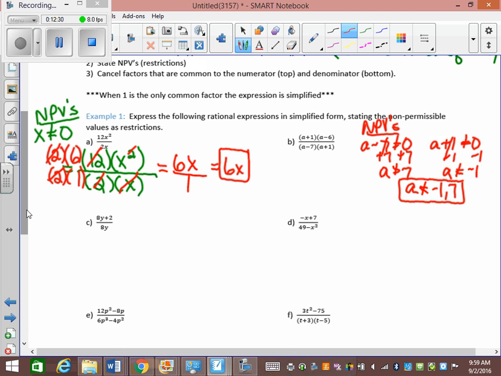Now when I have my NPVs actually stated, then I can cancel anything that matches exactly the same on the top as on the bottom, right? So I have an A plus 1 and an A plus 1. Now this is where people go crazy. They just really want a super nice answer like 2 or something. So they start canceling off stuff that you can't even cancel. So they'll go, okay, this is an A, this is an A. You cross them off.